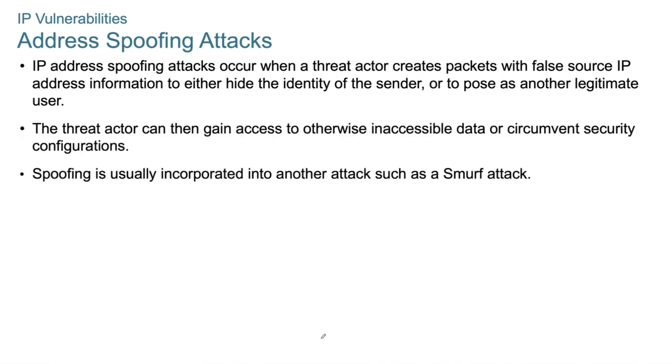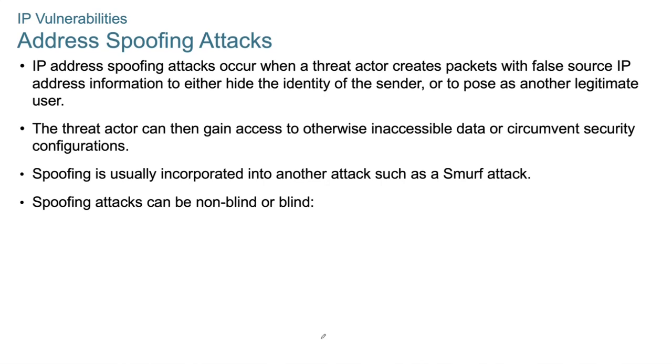The spoofing attacks can be non-blind or blind. So what happens in the non-blind attack? In non-blind spoofing, the threat actor can see the traffic that is being sent between the host and the target. The threat actor uses non-blind spoofing to inspect the reply packet from the target victim.